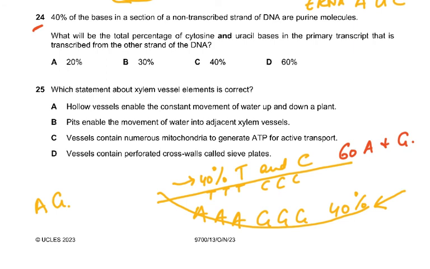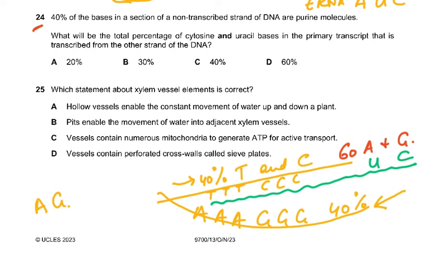Now it says what will be the total percent of cytosine and uracil in the primary transcript. So cytosine and uracil are only going to come here. There were 60% A and G. Primary transcript means a pre-mRNA. The pre-mRNA is made from the main strand, the transcribed strand. They started with the non-transcribed strand, then you have to go to the transcribed strand and figure it out.